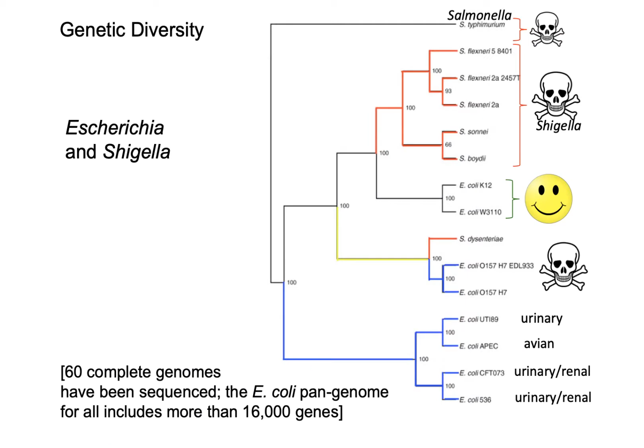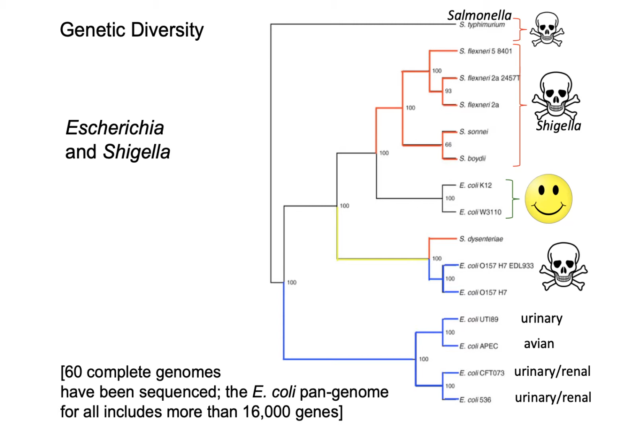So remember, I have shown this one before where K12 is in the middle there, along with W3110, another strain. It's very different from the 0157 strains, which can be deadly, and those are closer to Shigella dysentery.